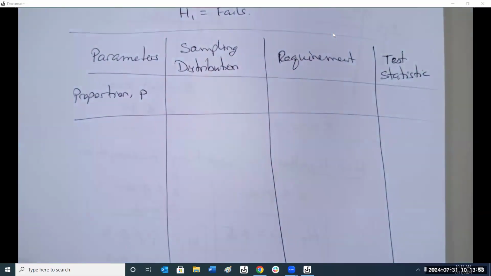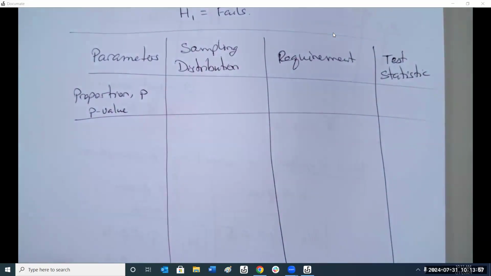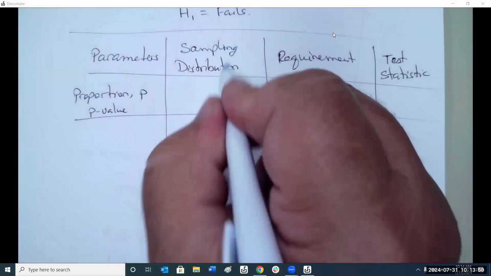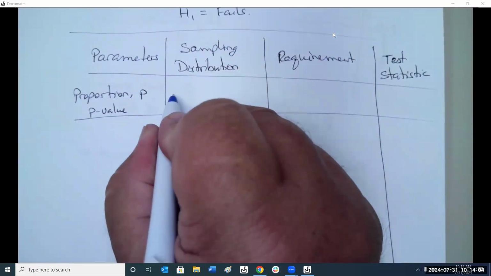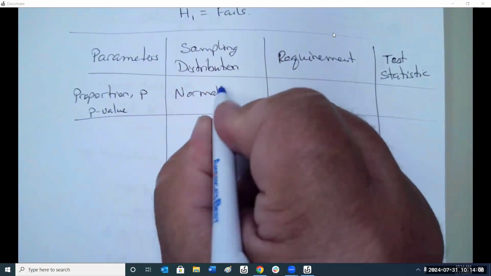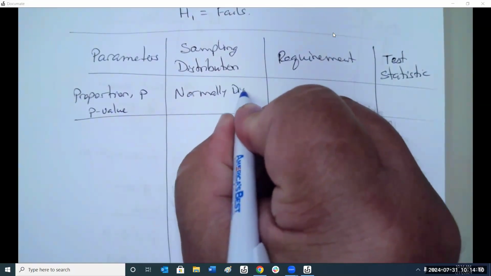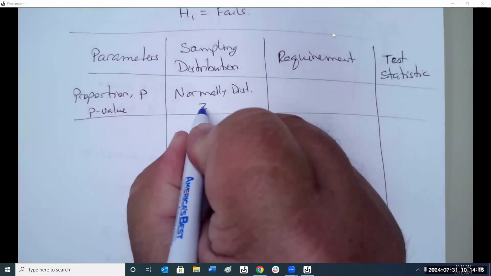That's our letter P. What we're looking for here is called a p-value. Sampling distribution. In order to use the proportion, we have to make sure it's normally distributed. We use the z-score.